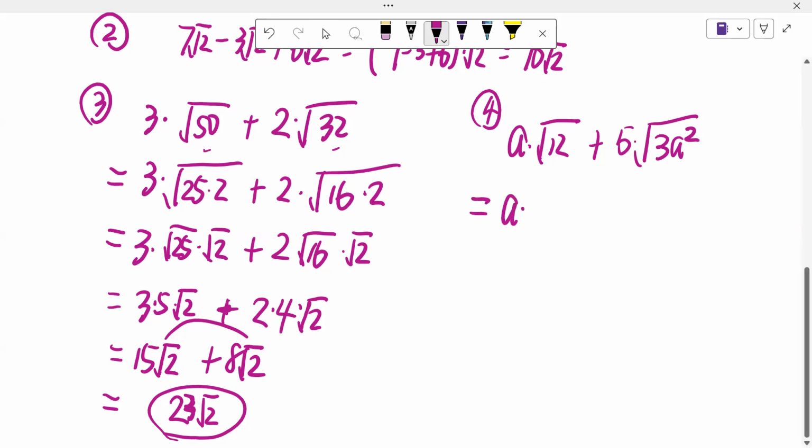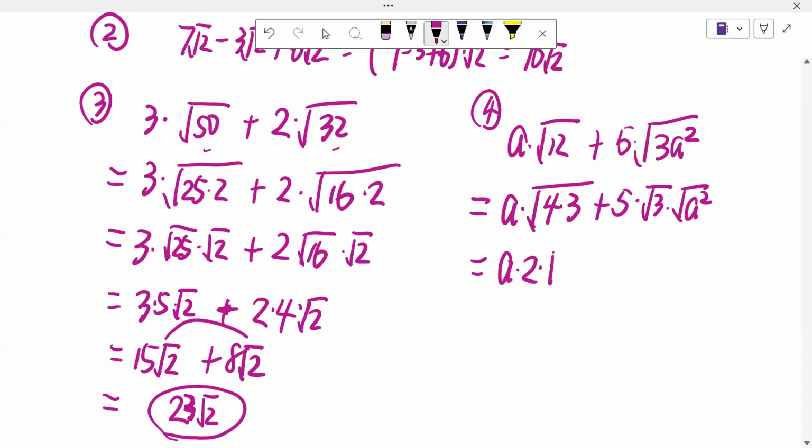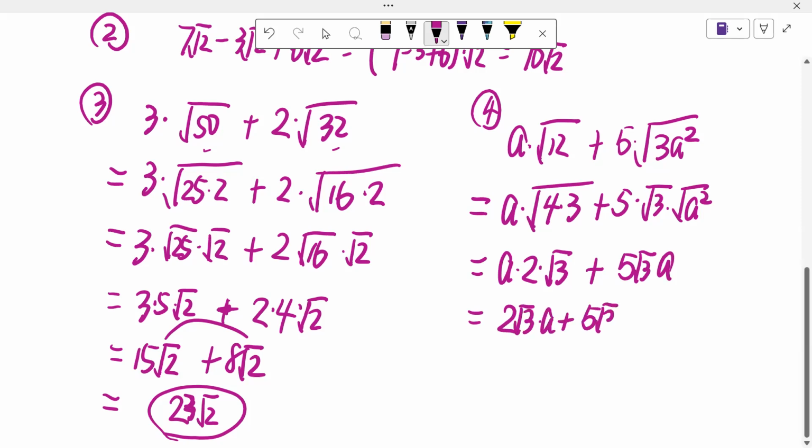So here a carries over, and for 12, the maximum perfect square going into 12 will be 4 times 3. Another one, so radical 3 and radical a squared. A squared is a perfect square. So square root of 4 becomes 2, so it's 8 times 2 times square root of 3a plus 5 square root of 3a. So it's 16 square root of 3a plus 5 square root of 3a.